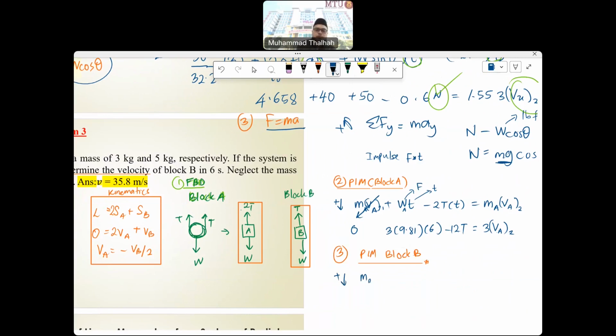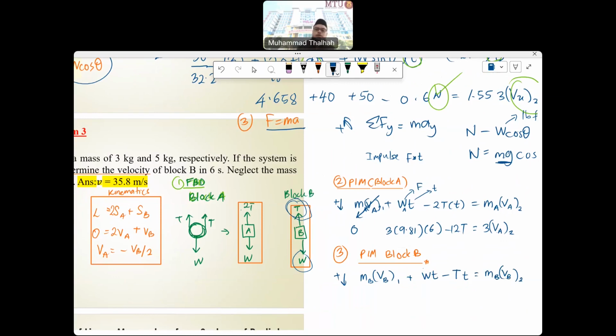Mass of block B times the velocity of block B at time 1, plus all the forces that make up the impulse, which is positive W multiplied by time, minus T. We have positive W going down, minus T going up, so minus T multiplied by small t. That's going to equal the mass of block B times the velocity of block B at time 2, at 6 seconds.